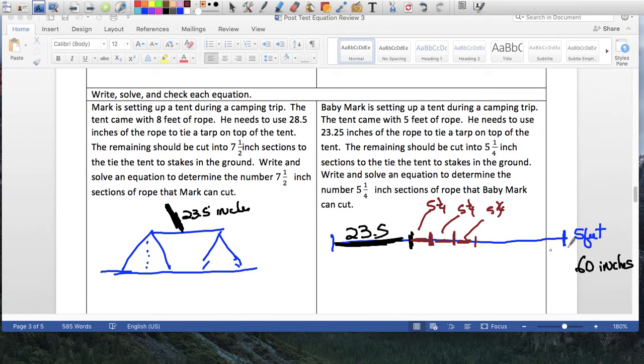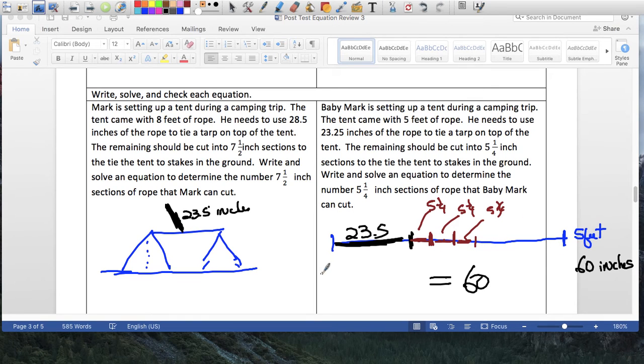So out of the remaining leftover string, after he cuts the initial 23.5 inches away, how many 5 1/4 can he cut? So the equation will probably look like this. You have a string that measures 60 inches, from here to here, and the string is going to be made up of smaller parts.